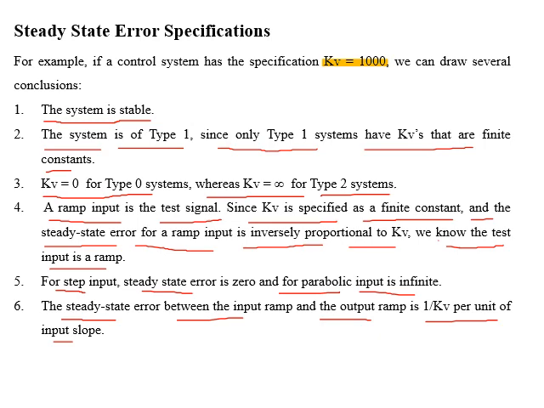And in this case its error can be easily found by taking the reciprocal of the velocity constant, which means that steady state error will be 1 over kV. Now students, this was the information we can extract from the given velocity constant.